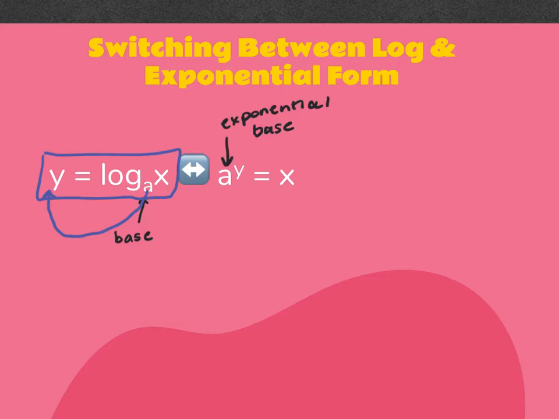So they come over and pick that up, and that becomes its exponent. So the a comes over, picks up the y as the exponent, and it drops off, leaving its former partner all by itself. So the base always goes over, picks up the other side, and then again drops off, leaving it by itself. That's how to get from log into exponential.